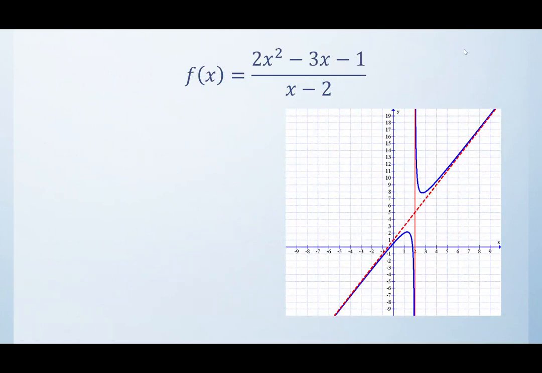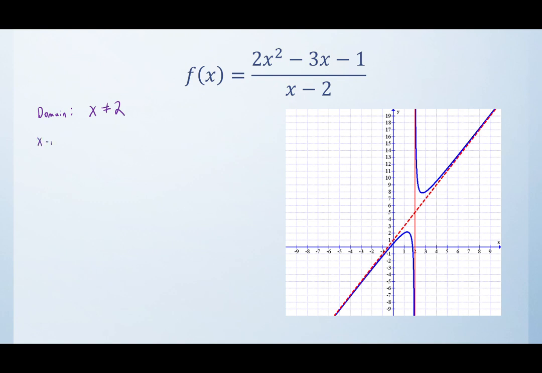So here we look at this one and we say, okay, great, what's our domain going to be? The numerator is not going to factor, so we need to throw out x equals 2 from our domain. That's the only thing.